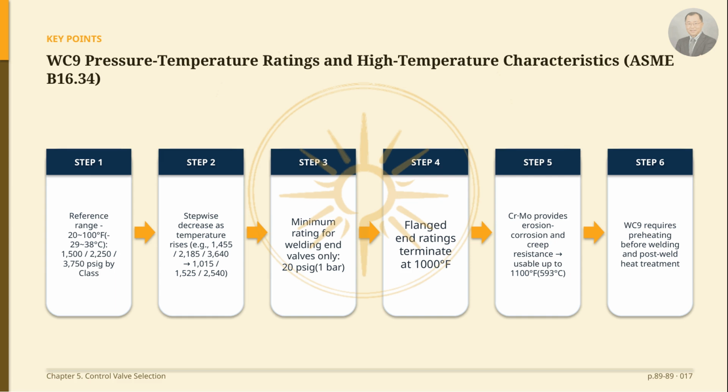As the temperature rises, these values gradually decrease to 1455, 2185, and 3640, and eventually drop to 1015, 1525, and 2540. According to the table footnotes, the minimum rating of 20 psig, or 1 bar, applies only to welding end valves, and flanged end ratings terminate at 1000 degrees Fahrenheit.